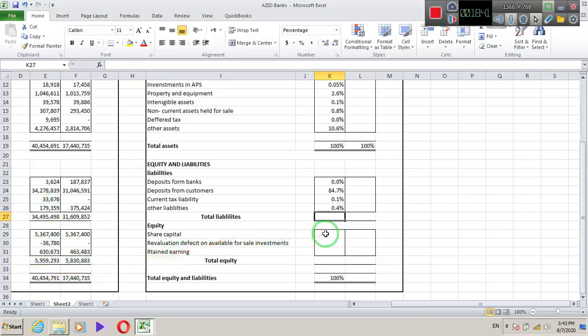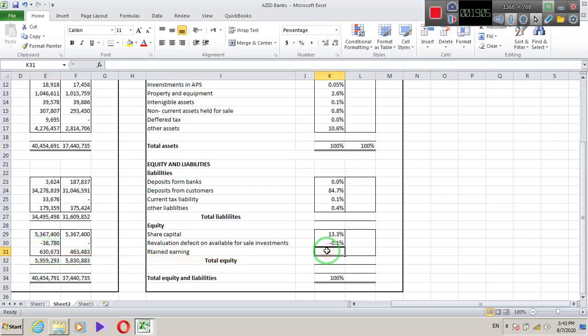Now equity side, share capital is equal to this much divided by this much, 13.3%, and this divided by this is equal to minus 0.1%, because this is negative.